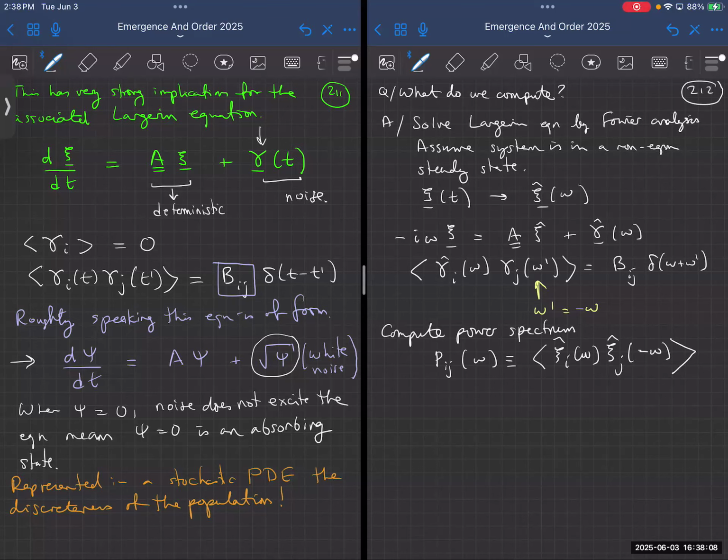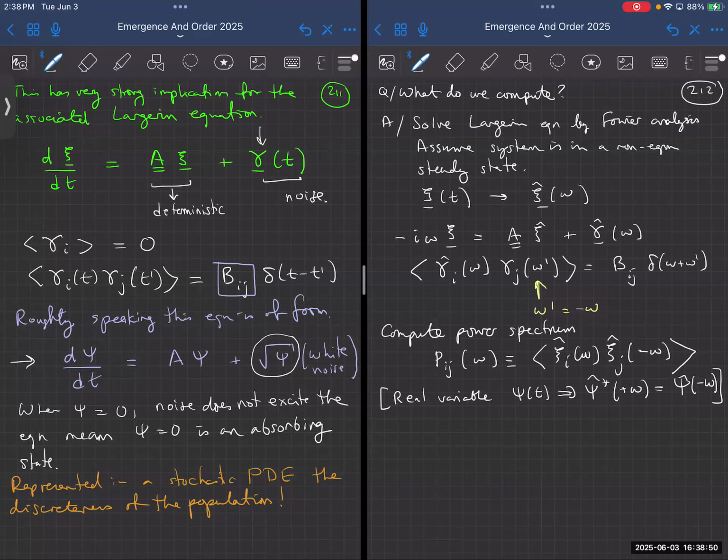So if I have a real variable psi of t, then the complex conjugate of its Fourier transform is equal to psi hat of minus omega.